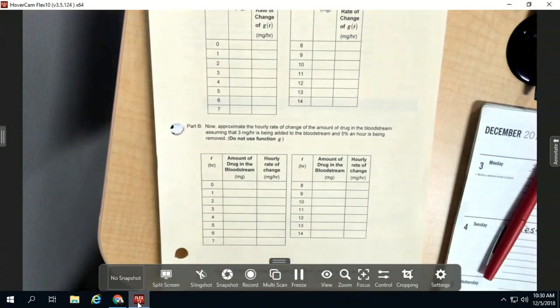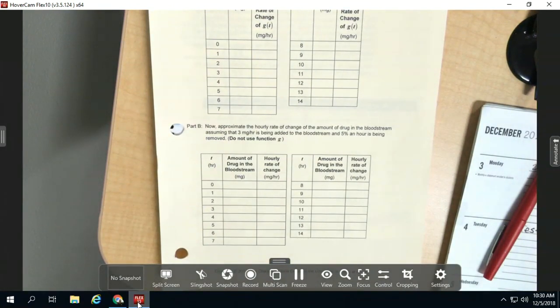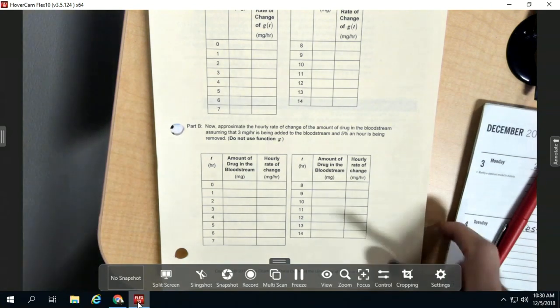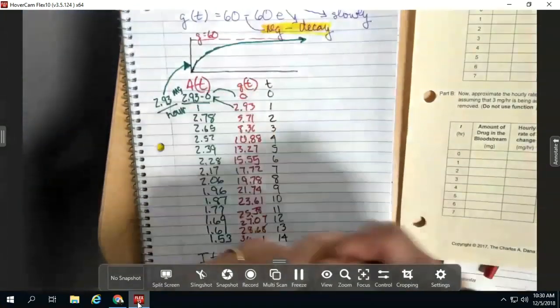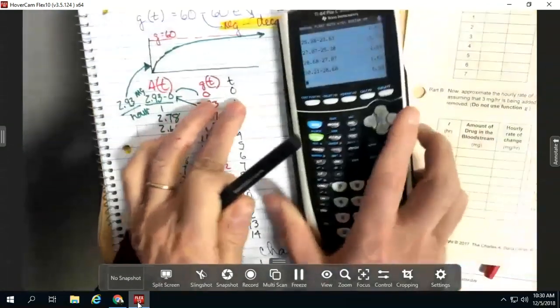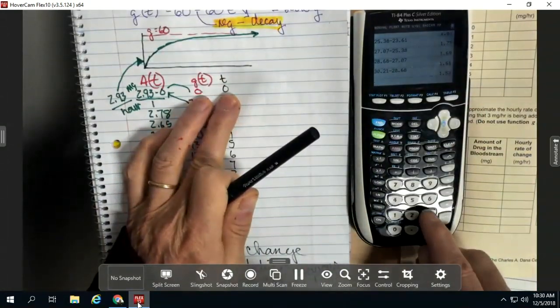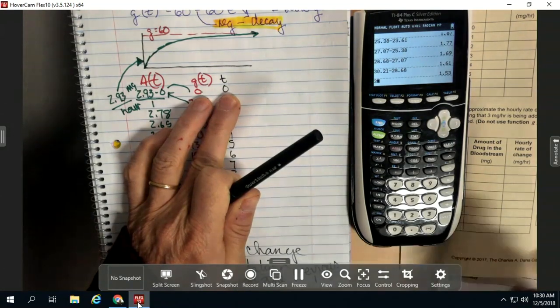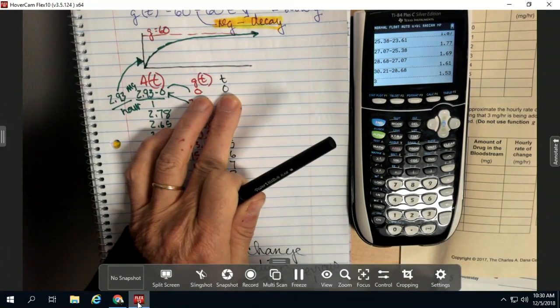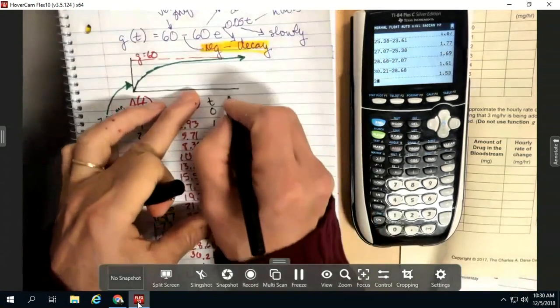Here's the iterative change they're suggesting for part B. Now it says, assume 3 milligrams is being added to the bloodstream and 5% is being eliminated each hour. Okay? So, in hour 0, we are going to add 3, but then it says subtract 5%.